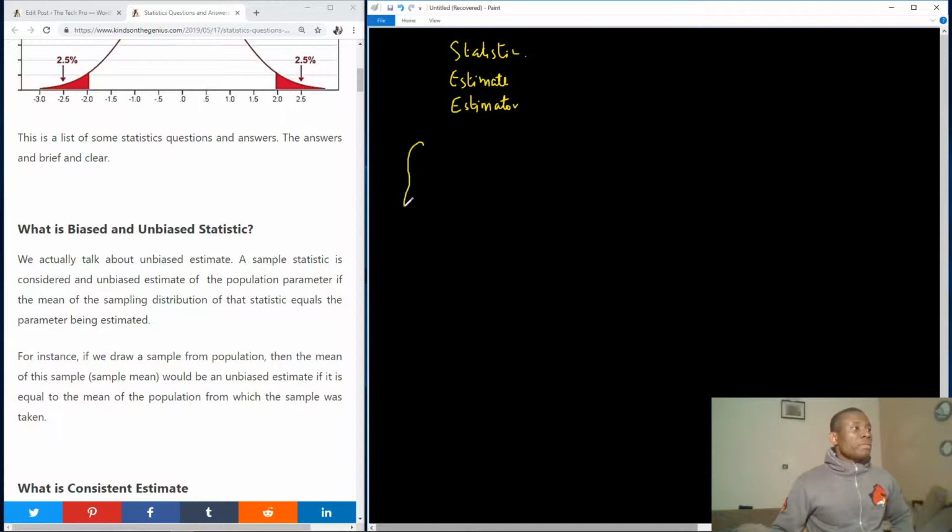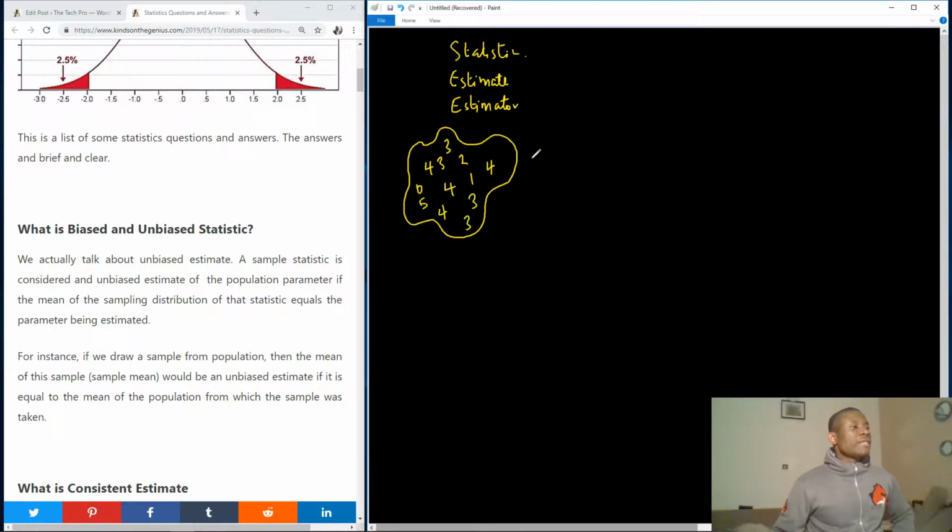Let's say we have a population. I will use real numbers so that we calculate it and see how it works. So let's say this is a population. We don't know how many, but I have decided to choose some random numbers to put in there. So we have 4, 3, 2, 4, 1, 4, 5, 0, 4, 3.